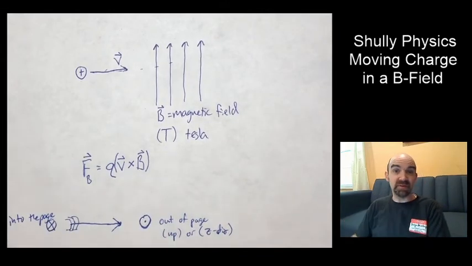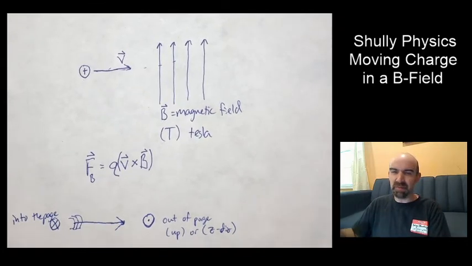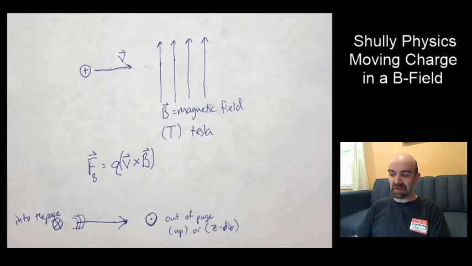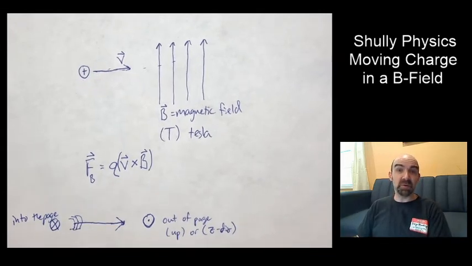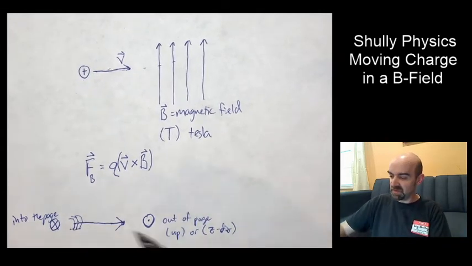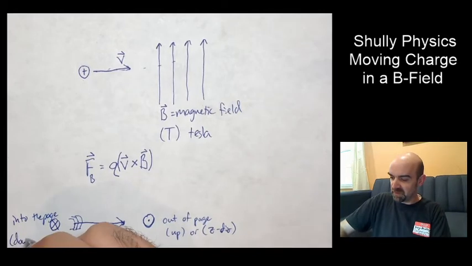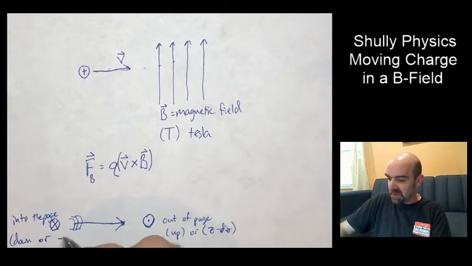Those are the best ways to describe it, really: into the page or out of the page rather than up or down. Up and down, left and right can always be relative. But into the page and out of the page are relative to the page. So we could also say down or in the negative Z direction.